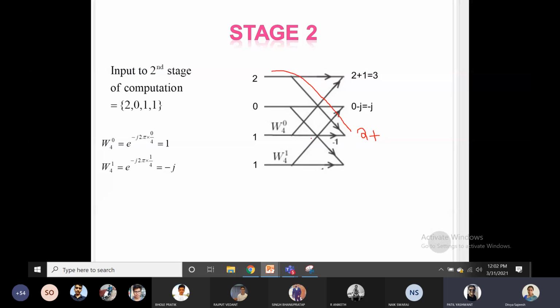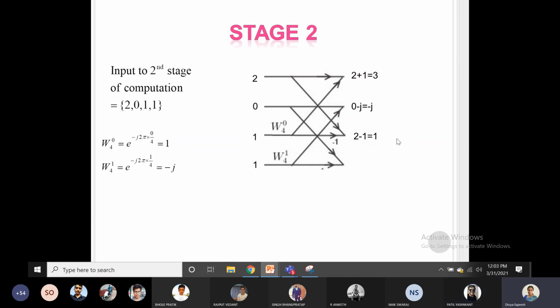W4 raised to 0. Yes. So what is that? 2 minus 1 will be the output. So 1 is there here, that will be multiplied with W4 raised to 0, which is 1 only. So 1 into 1, but there is a minus 1 here. So this will be minus 1. 2 minus 1. Okay, so it is 2 minus 1, 1.